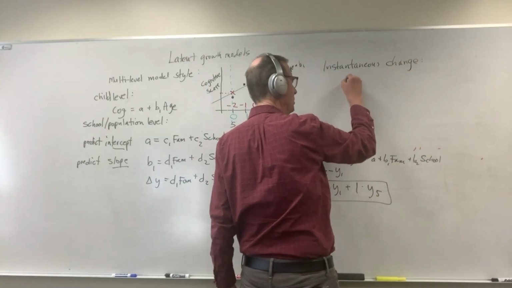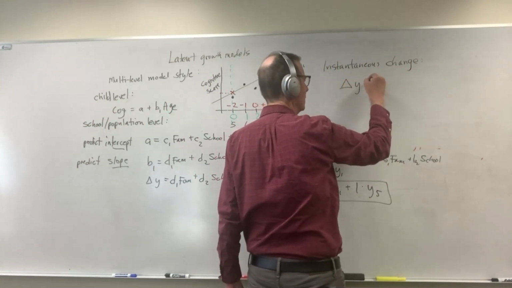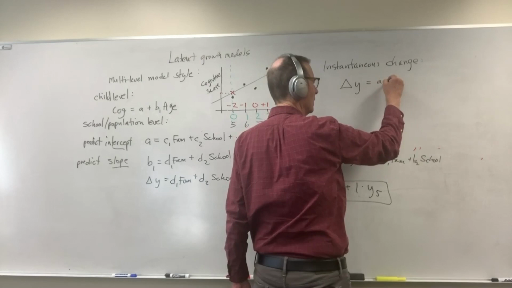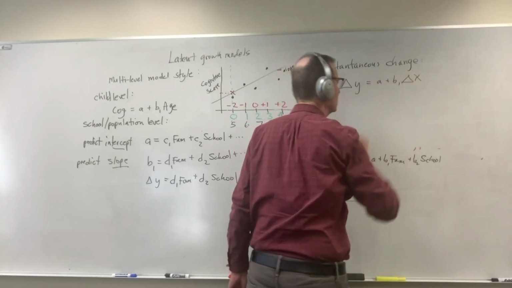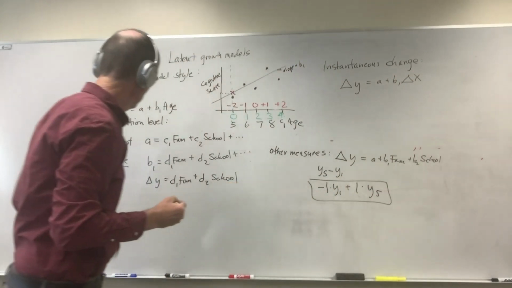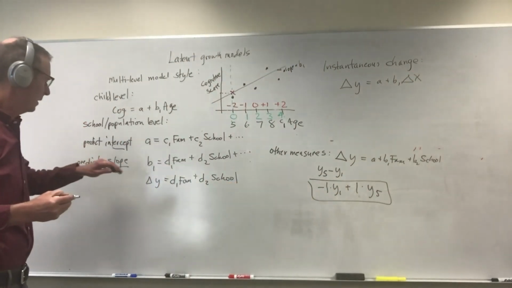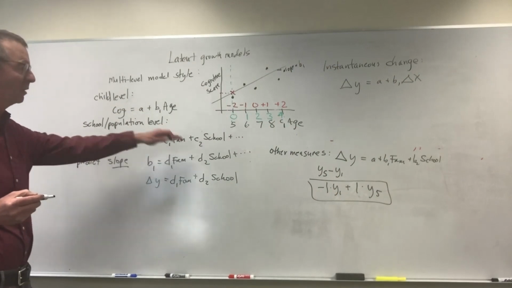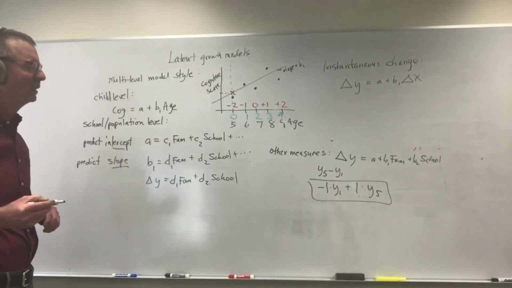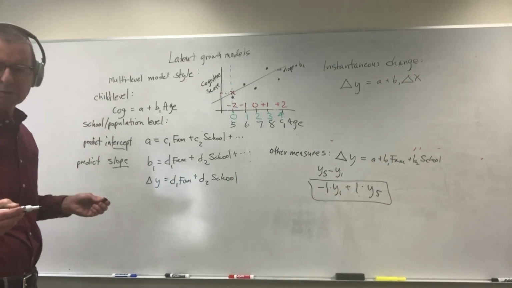which had change in y as a function of change in x, right? Instantaneous change had a kind of a cross-sectional relationship at time 1, a cross-sectional relationship at time 2, and then we took the difference, right?